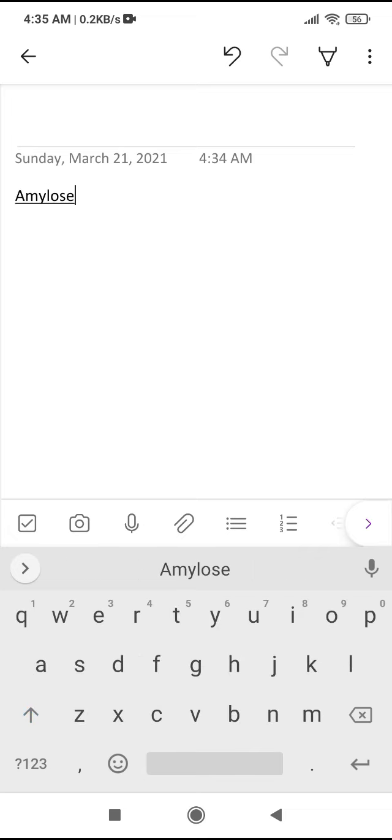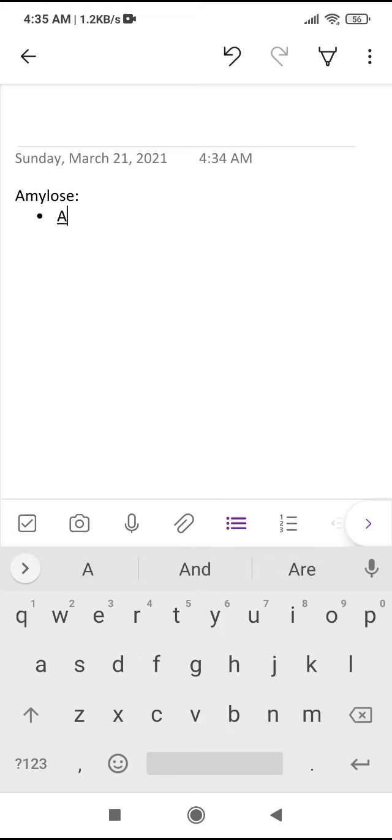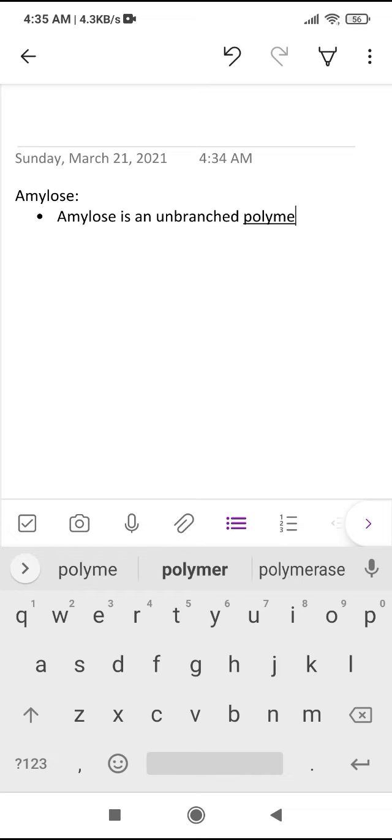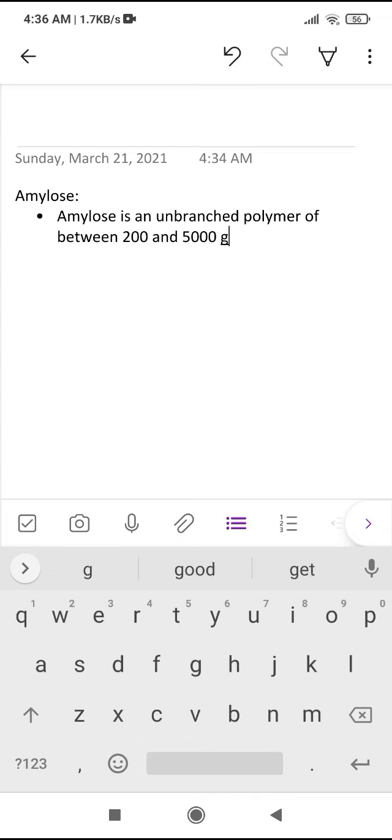So amylose, basically, number one, amylose is an unbranched polymer of between 200 and 5000 glucose units.